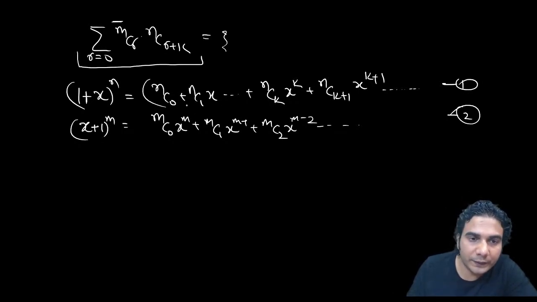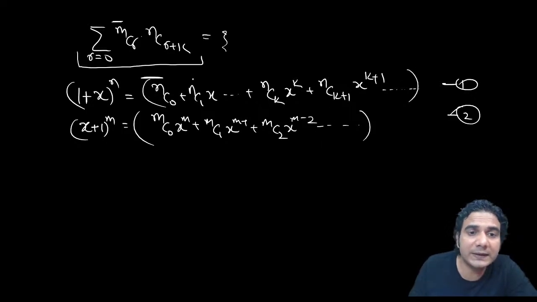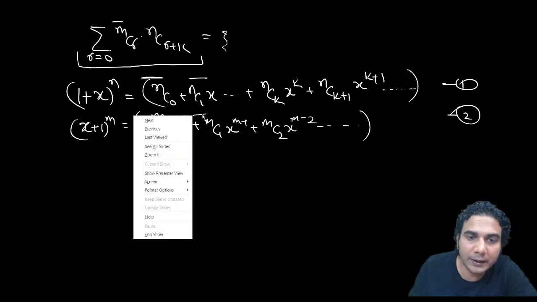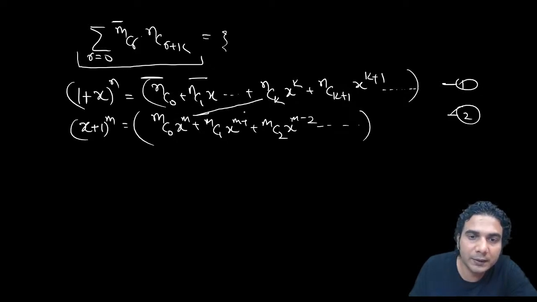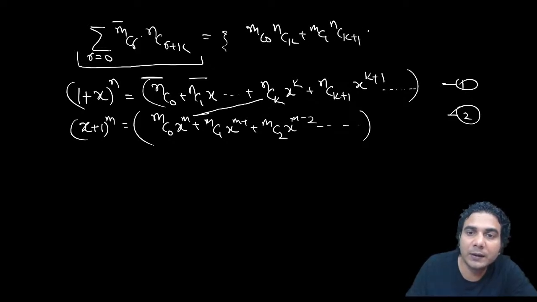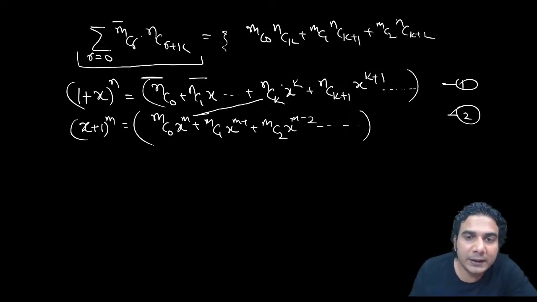If you multiply these two brackets, the first term will be multiplied to all the terms, then the second term to all the terms, then the third term, and so on. When the first term of the second bracket multiplies this, you get mC0 nCk plus mC1 nC k plus 1, then mC2 nC k plus 2. That is basically the coefficient of x raised to m plus k.